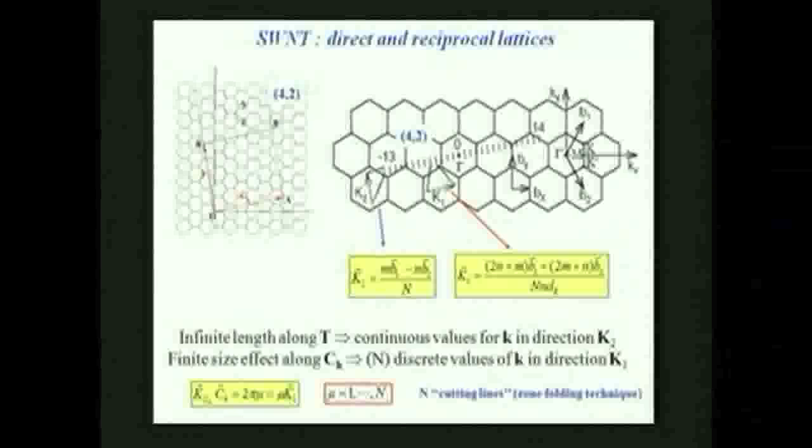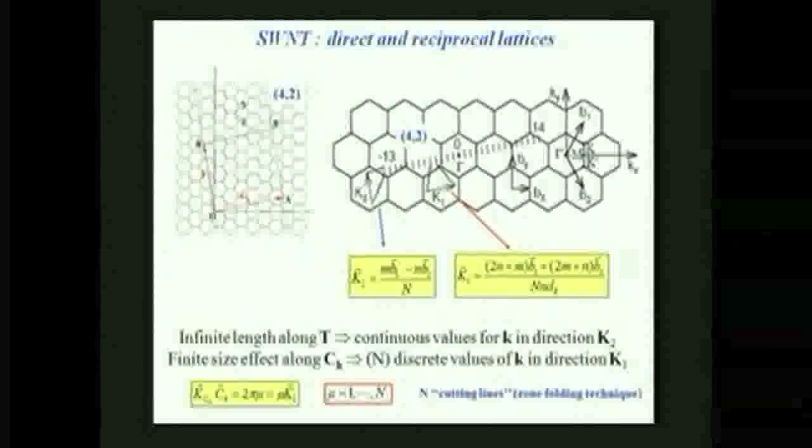This is the case when you have an infinite ideal crystal in all the directions. The difference in nanotubes is that along T you have what you can call an ideal infinite crystal, but along CH you don't. Along CH, you have a finite distance with periodic boundary conditions.